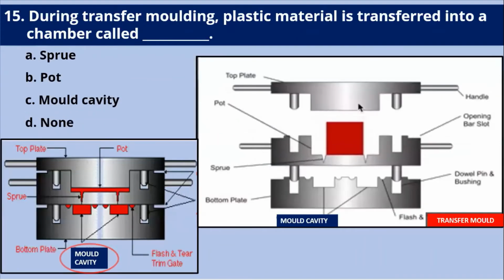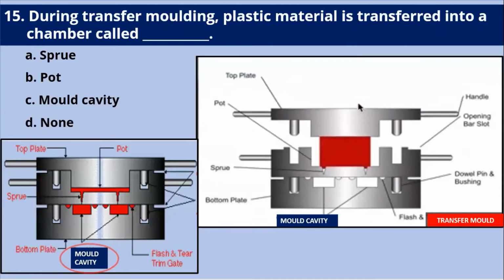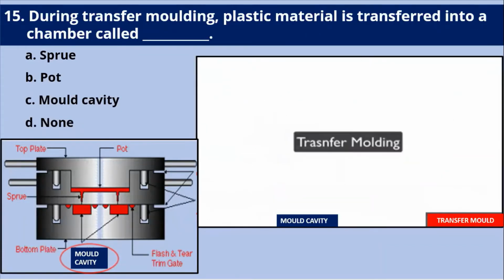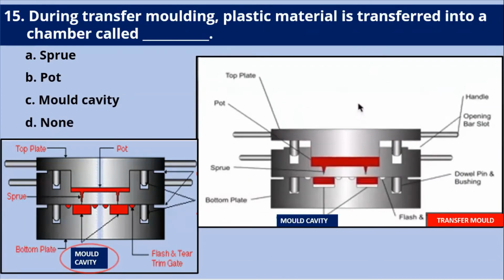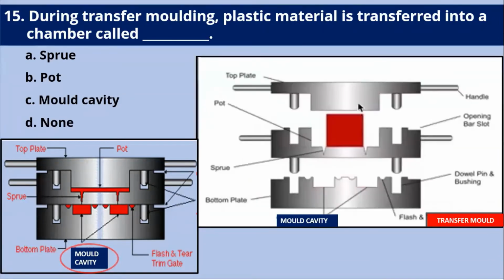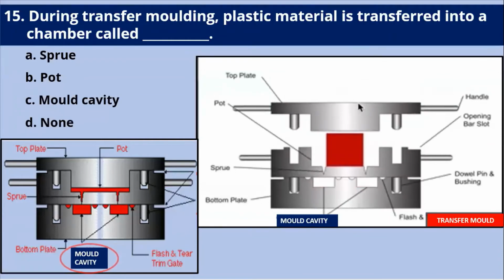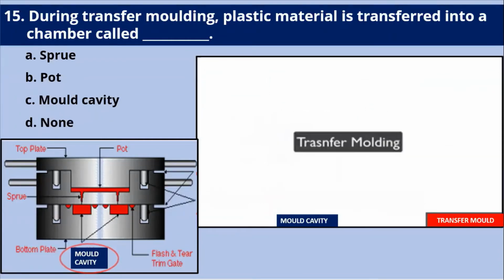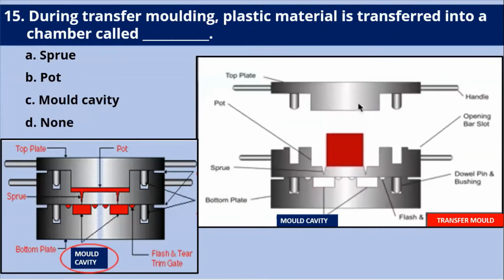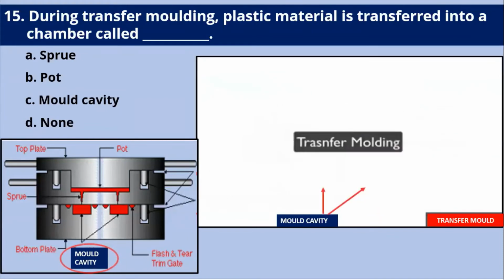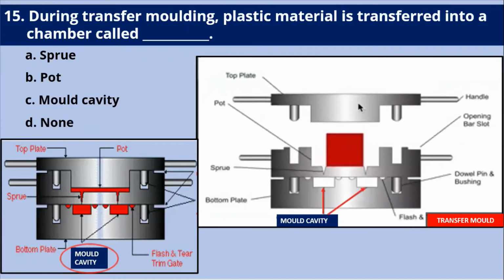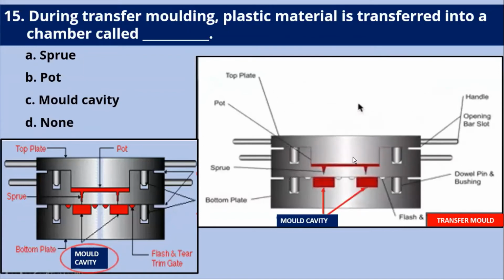Next question. During transfer molding, plastic material is transferred into a chamber called. So in transfer molding, the plastic material is preheated and loaded into a holding chamber which is called a pot.